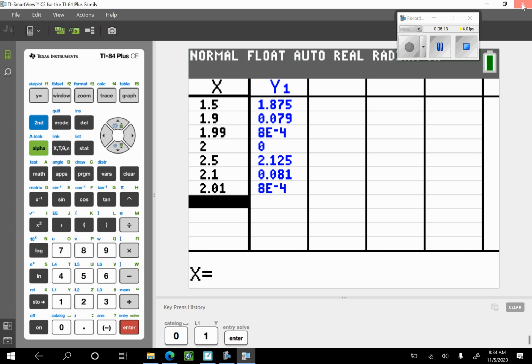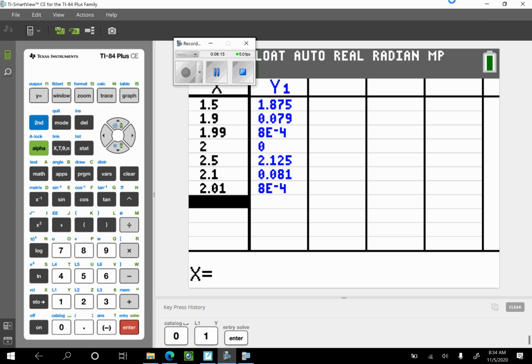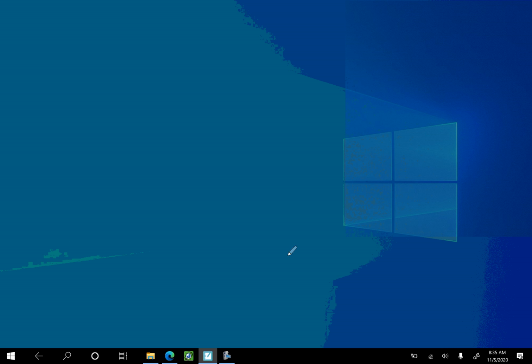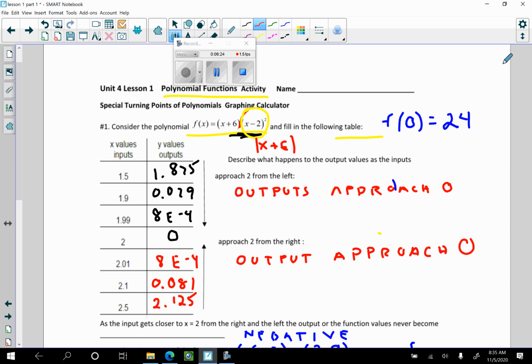What's the graphing calculator that uses the RAM? I don't know. Probably is, because the graphing calculator uses a lot of RAM. Let's see if this helps. I think that helped a lot. I don't know what's going on with this.